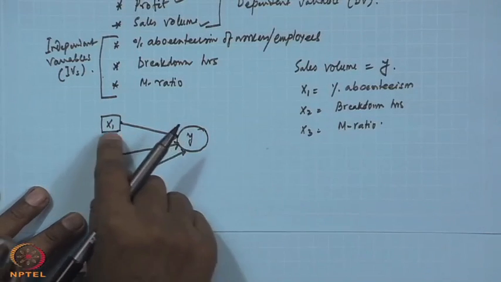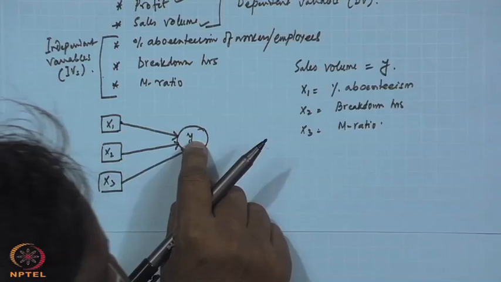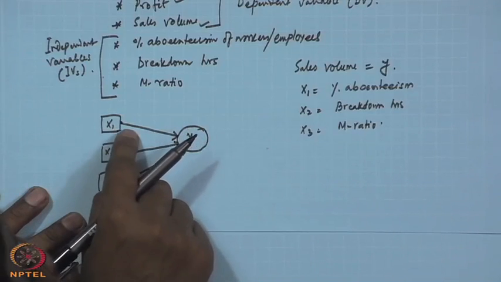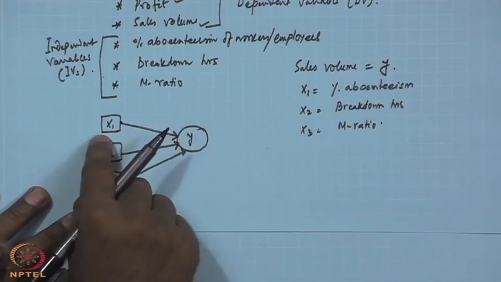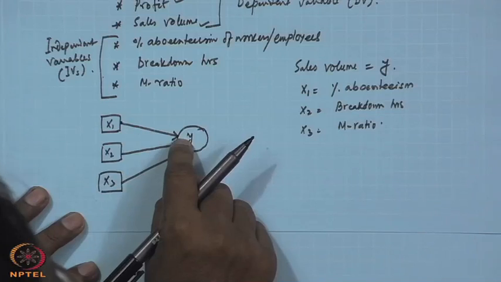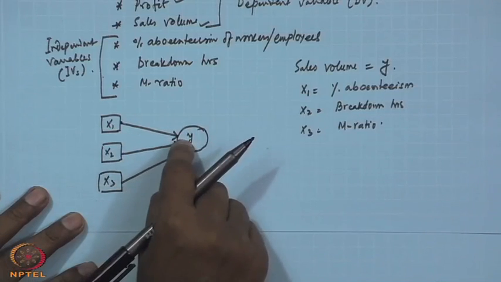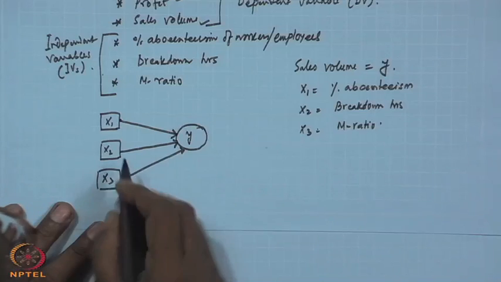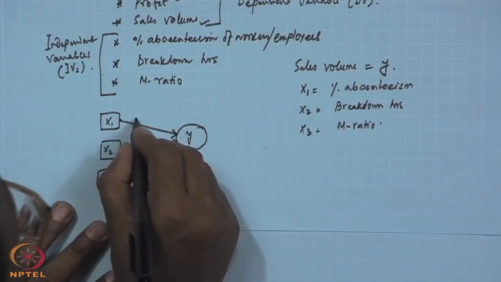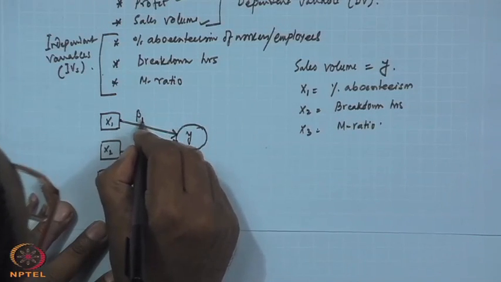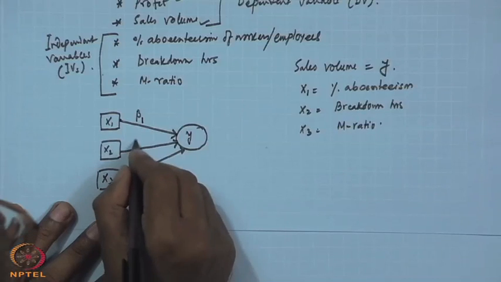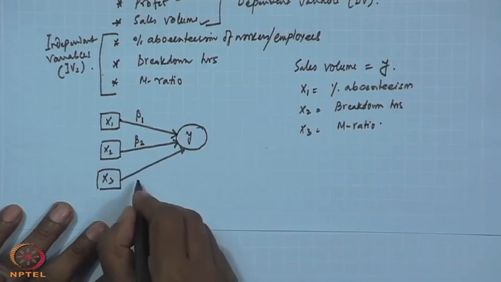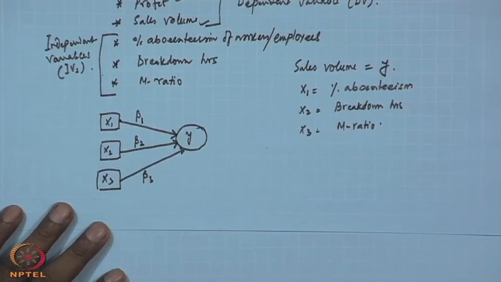So, that means x1 influences y, that is why the arrowhead emanates from x1 and terminates at y. Okay. So, we can say that if x1 has influence of beta 1, x2 has influence of beta 2 and x3 has influence of beta 3.